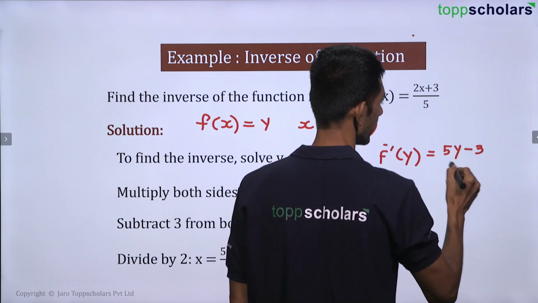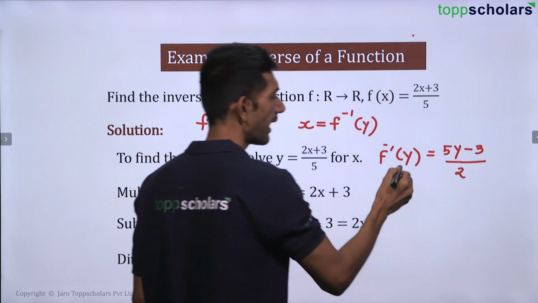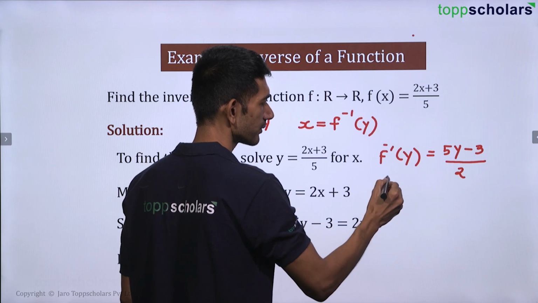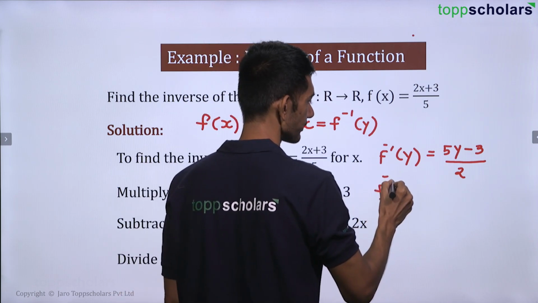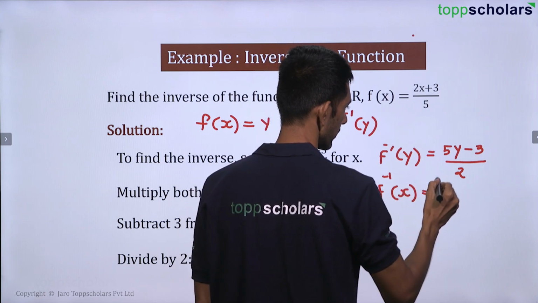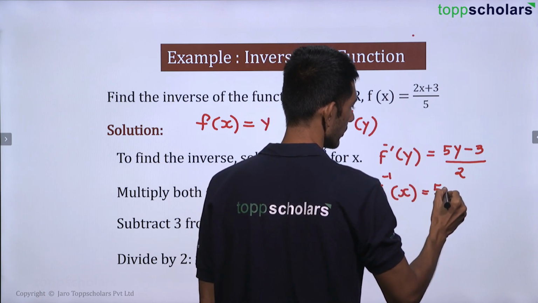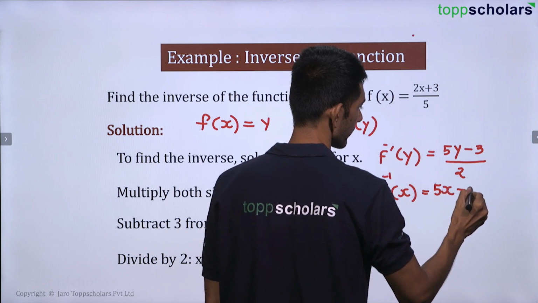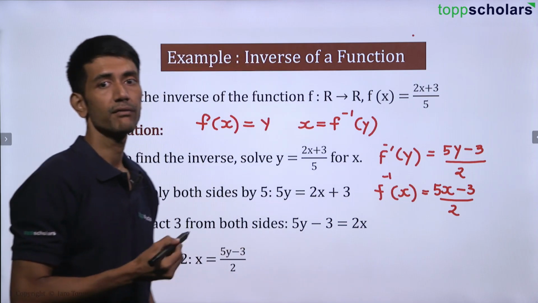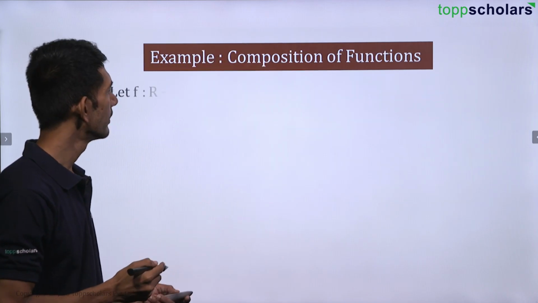Sorry, (5y minus 3) by 2, and then replace y with x. So f inverse of x is equal to (5x minus 3) by 2, and (5x minus 3) by 2 is the final answer.